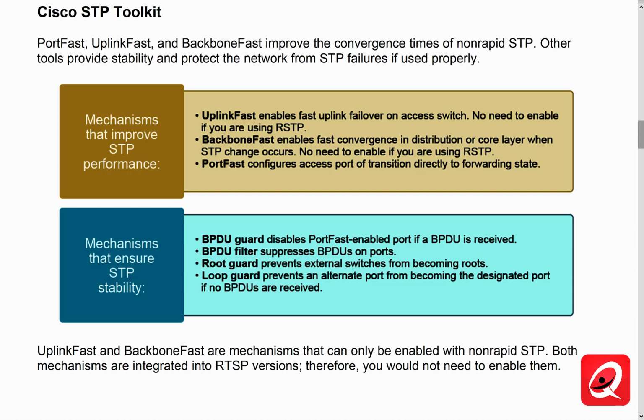There are two transitionary states in spanning tree to continue to learn what's happening in the spanning tree topology, at least in traditional 802.1d or PVST plus spanning tree: listening and learning. The forwarding delay timer for those states is 15 seconds, mandatory 15 seconds. So in listening, we're dropping frames, we're not processing client data, but we're listening for BPDUs, we're sending BPDUs, and we're trying to figure out what's going to happen in the topology.